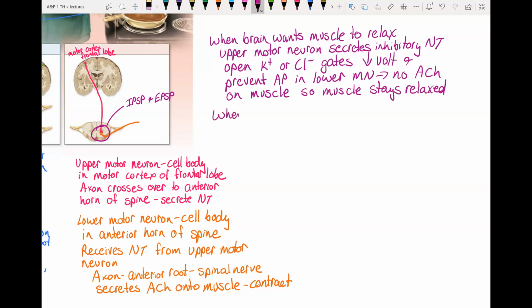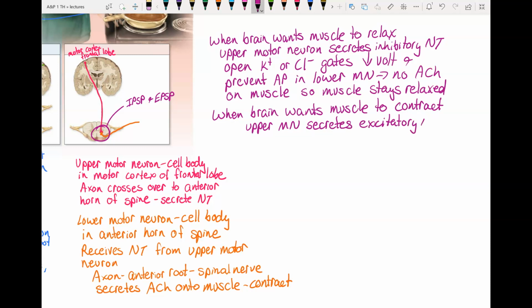Then when your brain wants your muscle to contract, it has the upper motor neuron secrete excitatory neurotransmitter. This opens the sodium gates on the lower motor neuron.